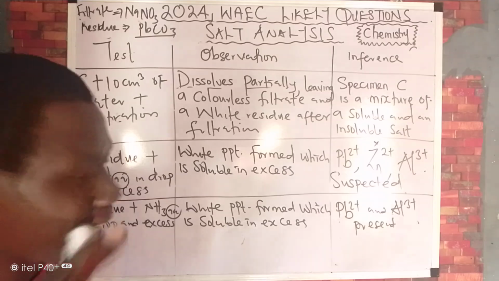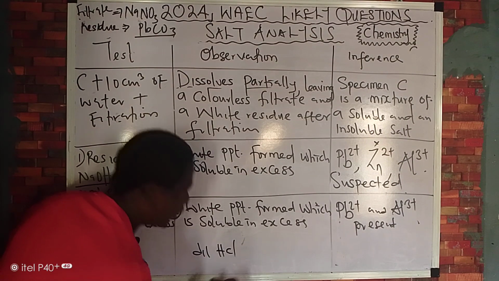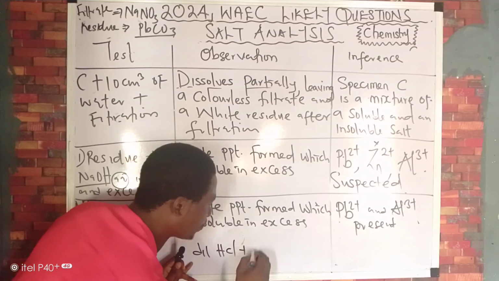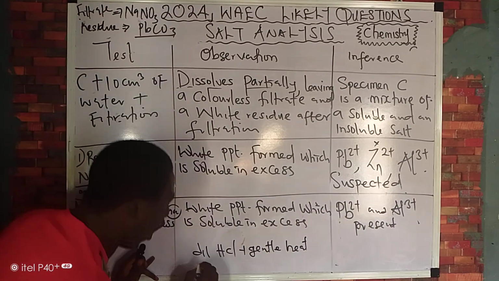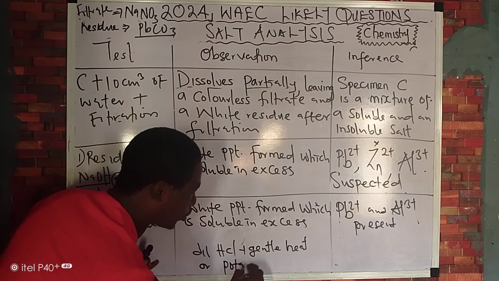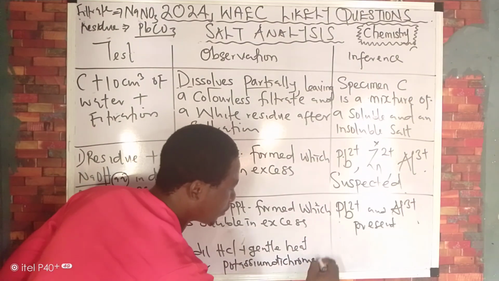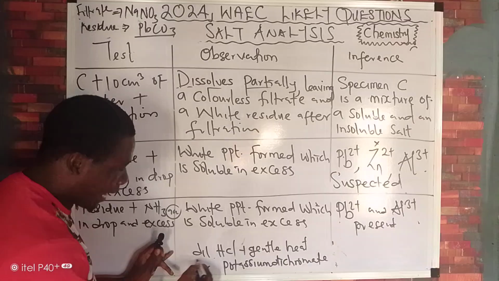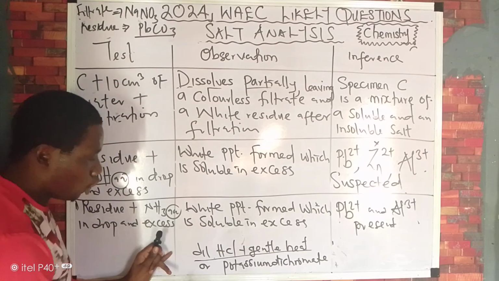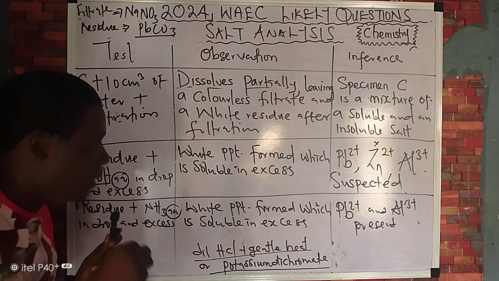The first one is dilute HCl. If you use dilute HCl, you must apply gentle heat. That means you heat it a little. Or you use potassium dichromate.